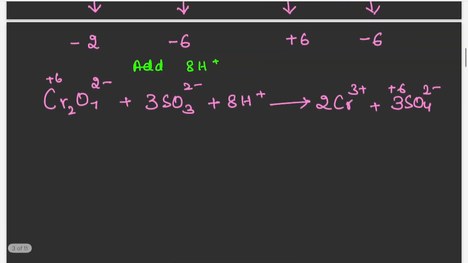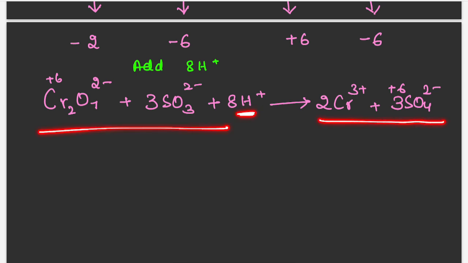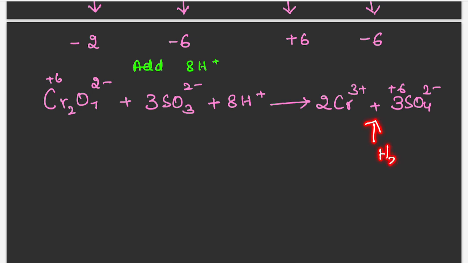So in the next step what we have to do is, we have to balance the hydrogen on the other side. So here you have 8 hydrogen, whereas on the other side there is no hydrogen, so we have to balance. So now here if it is 8H plus ion, so you have to add water on the other side.